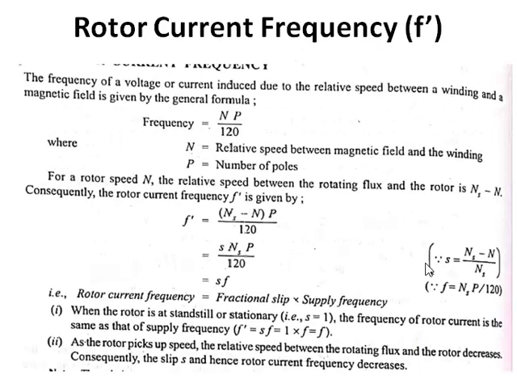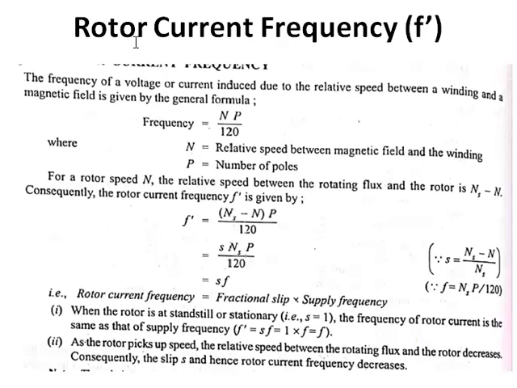Next, this is the derivation, an important derivation. Rotor current frequency, f dash, it is represented as f dash. We talked about whenever there is a three-phase supply given to the stator winding, it creates a magnetic field, and that magnetic field is associated with the rotor conductors, and the rotor conductors experience the change in the magnetic field.